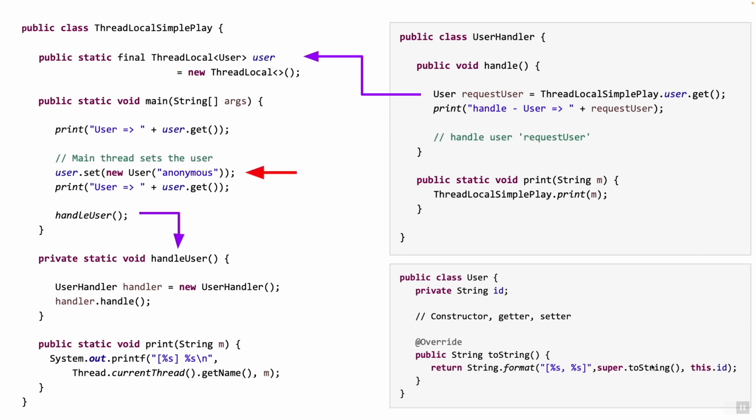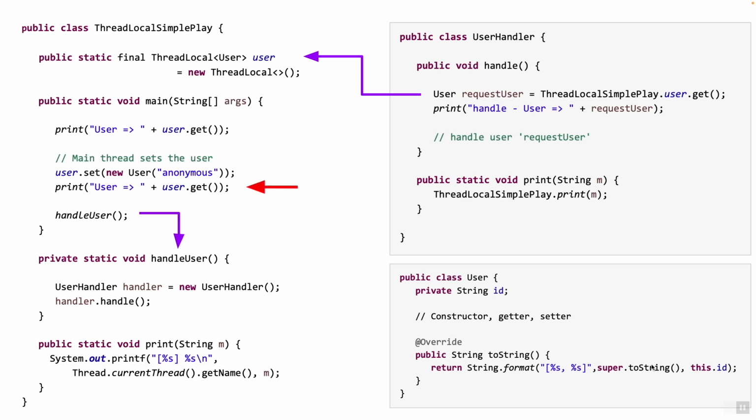Over here you will see that the thread local variable is being set with an anonymous user. That's simply called using new User, and you pass the ID. So at that point, what is the association that is made? For the main thread, user thread local is associated with anonymous because main thread is the calling thread.